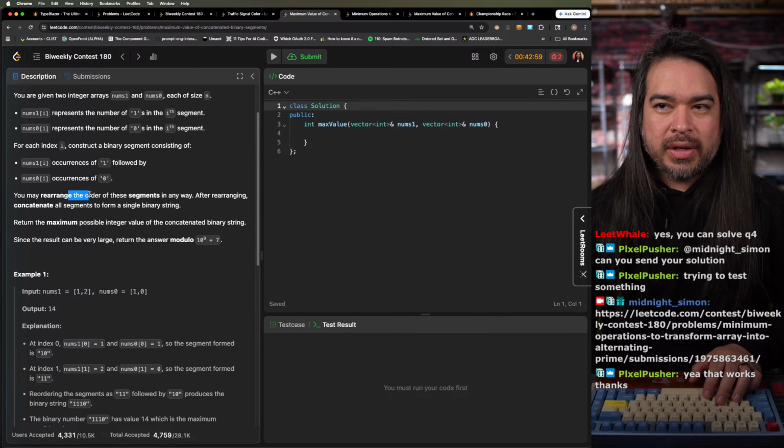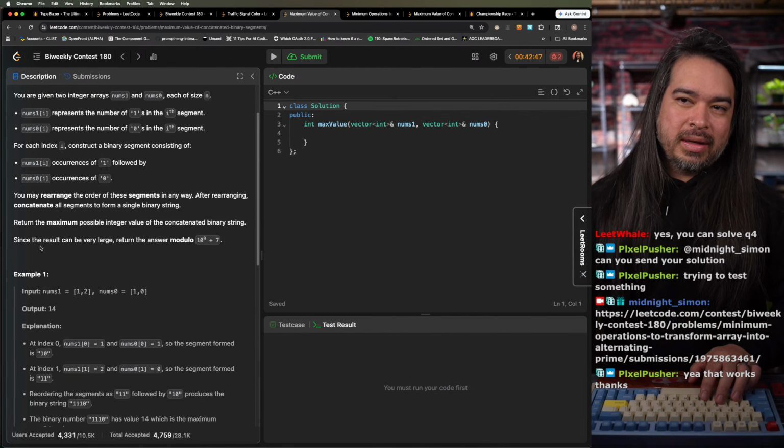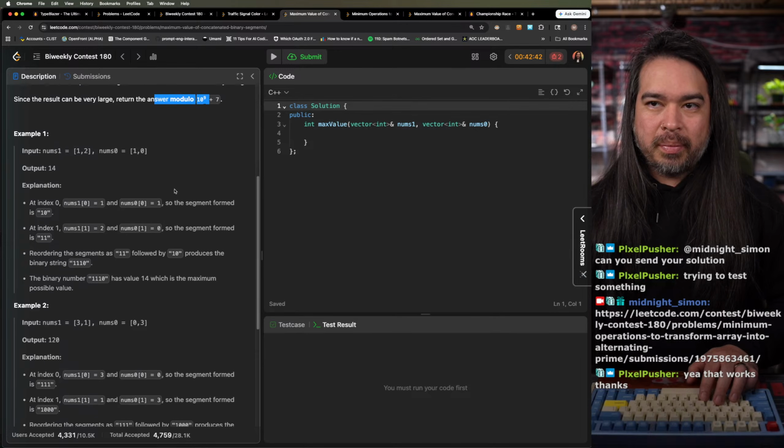You may rearrange the order of these segments in any way. After rearranging, concatenate all segments to form a single binary string. Return the maximum possible integer value of the concatenated binary string. Since the results can be very large, return it mod prime.